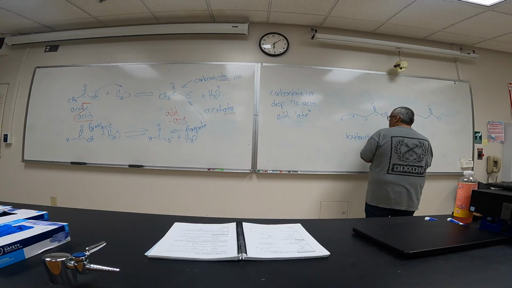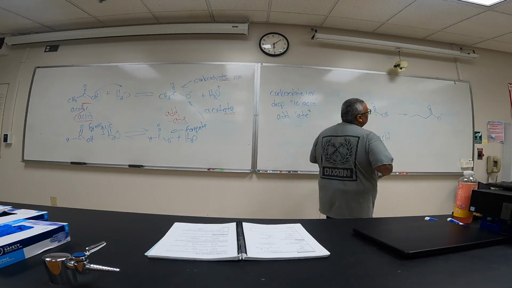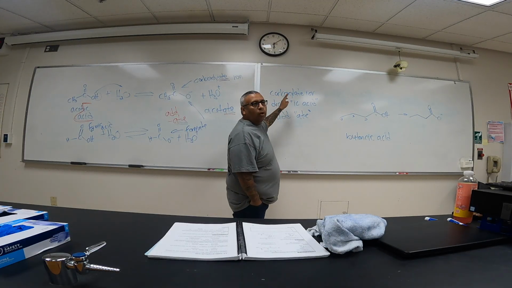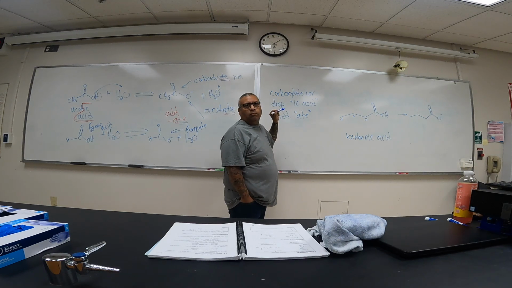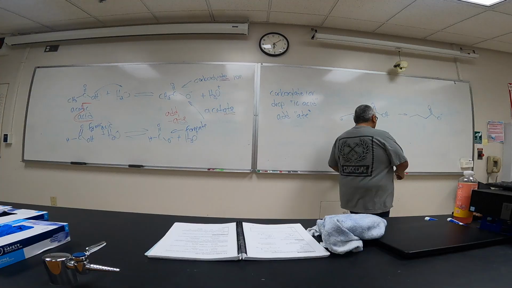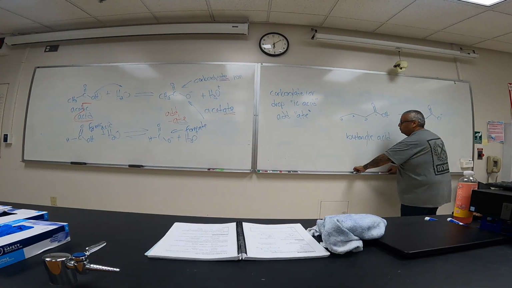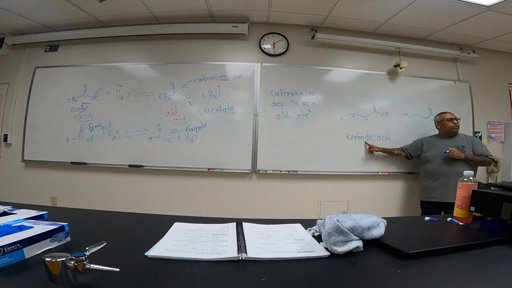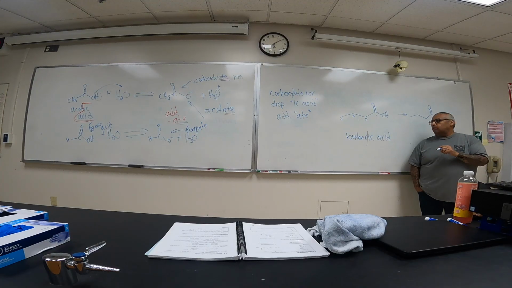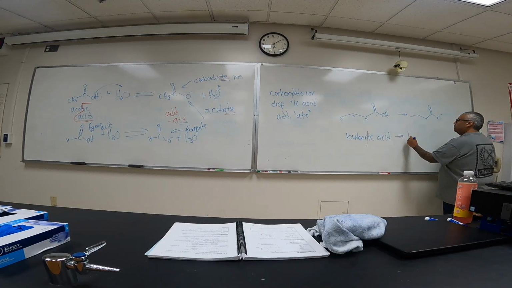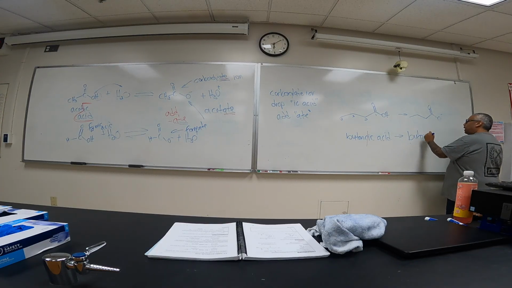Now, let's stay with this, Kaylin. Butanoic acid. The rule for our carboxylate ions is we're going to drop the ic acid. Notice that we're not removing oic acid, we're just removing ic acid, and then we're going to add ate. So this becomes butanoate.